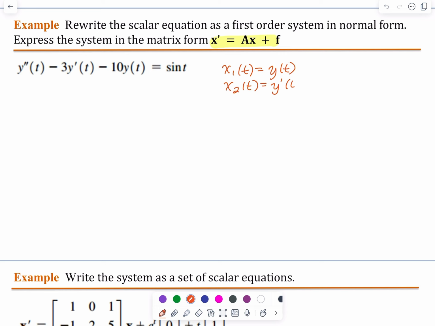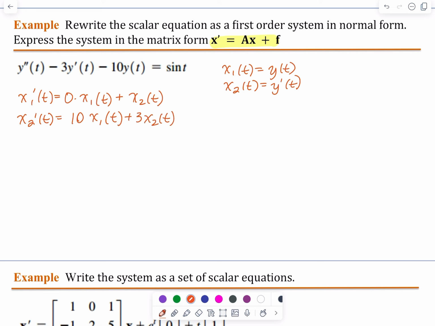And so with these substitutions, we now have x1 prime of t is equal to 0 x1 of t plus x2 of t. And we have x2 prime of t equal to 10 x1 of t plus 3 x2 of t. And of course, we have our sine of t term.